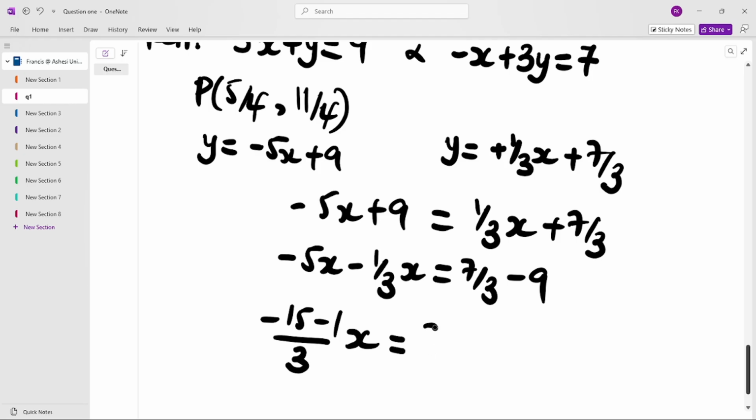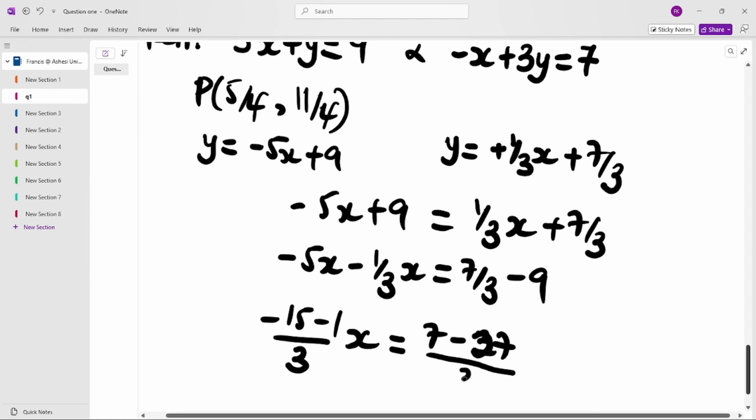So this one will be 7 minus 27, that will be negative 20 over 3.